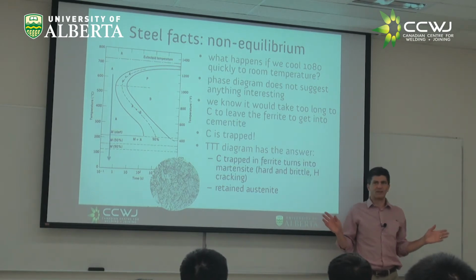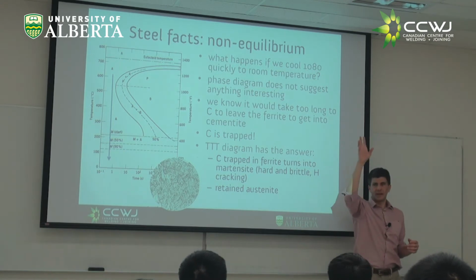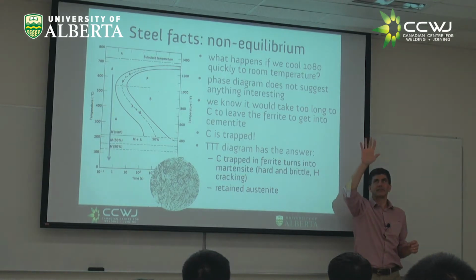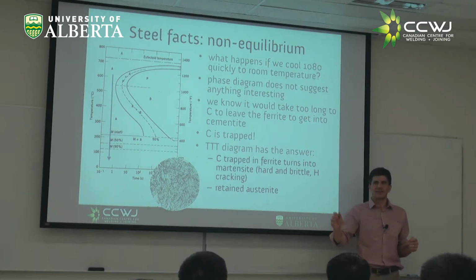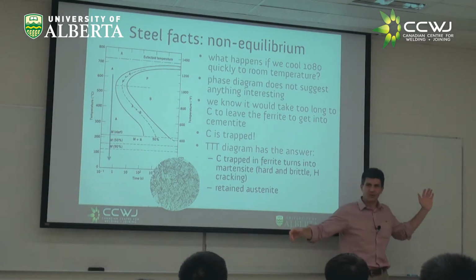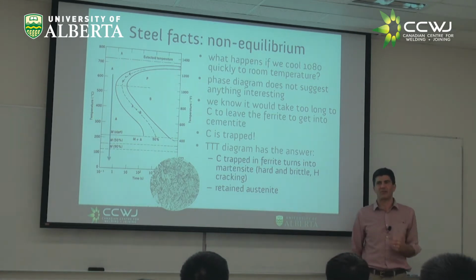So what happens, now, if we do the same experiment, we austenize, right? We're in austenite. We solutionize all the carbides. Is all the carbon in solution in the austenite, and I quench in a bucket of water, like the swords in the movies, like I quench my red hot sword in a bucket of water, right?